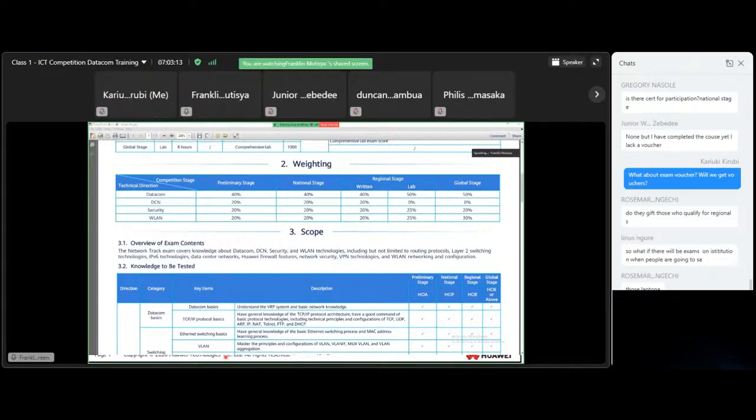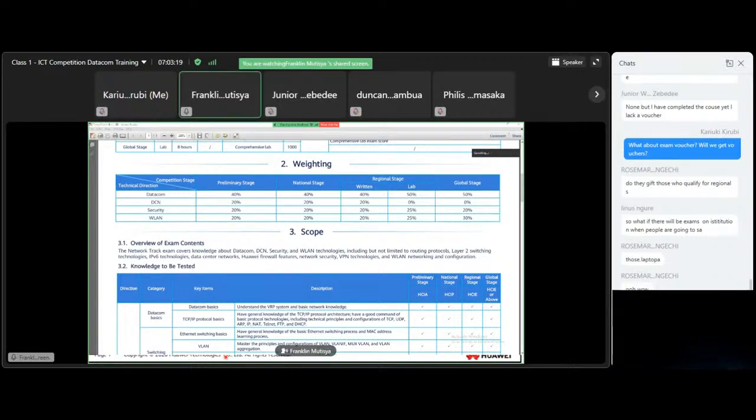Besides those laptops, you also get some cash. Like there's a year each student was getting like 70K deposited plus those laptops. So try your best, be the best of the best.